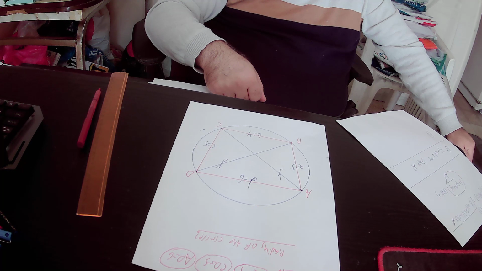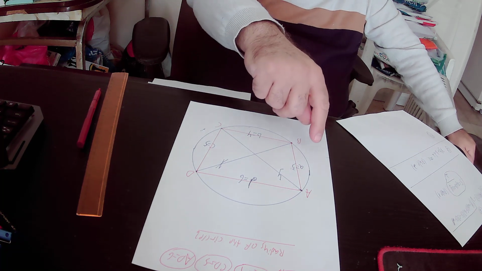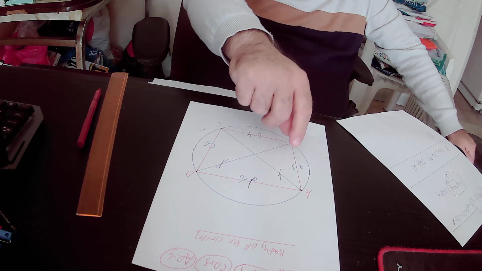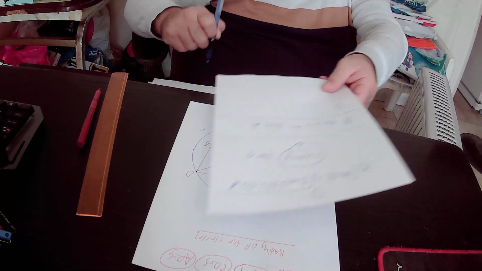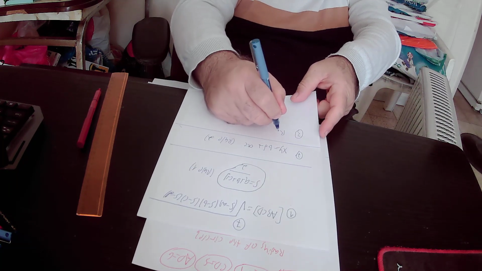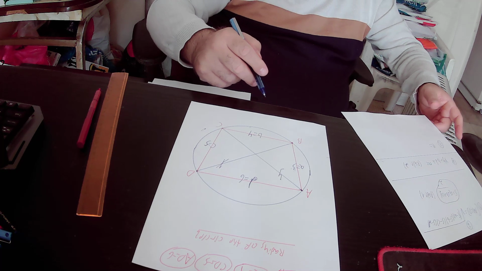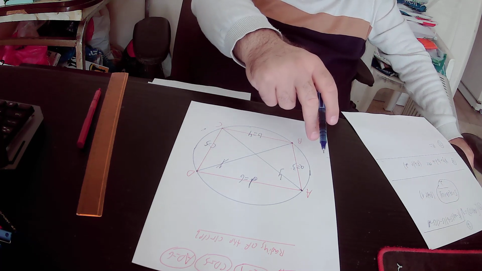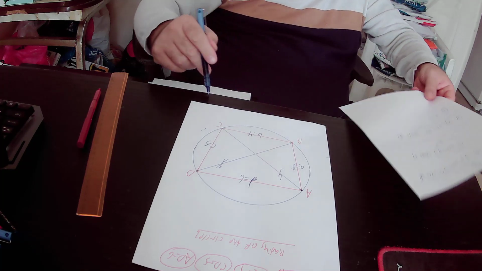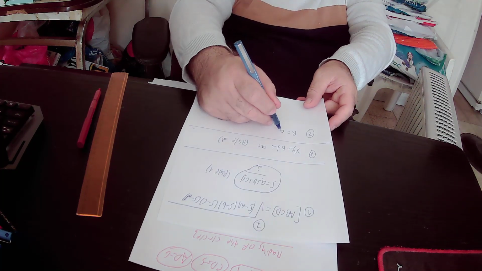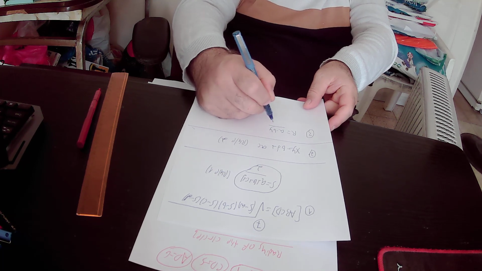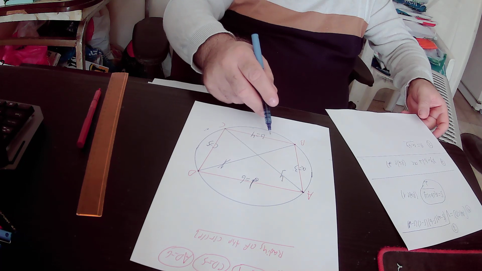Therefore, according to rule number 3, the radius of this blue circle that blocks triangle ABC will be equal to the product of triangle ABC sides, which is A times B times Y, over 4 times the area of triangle ABC.